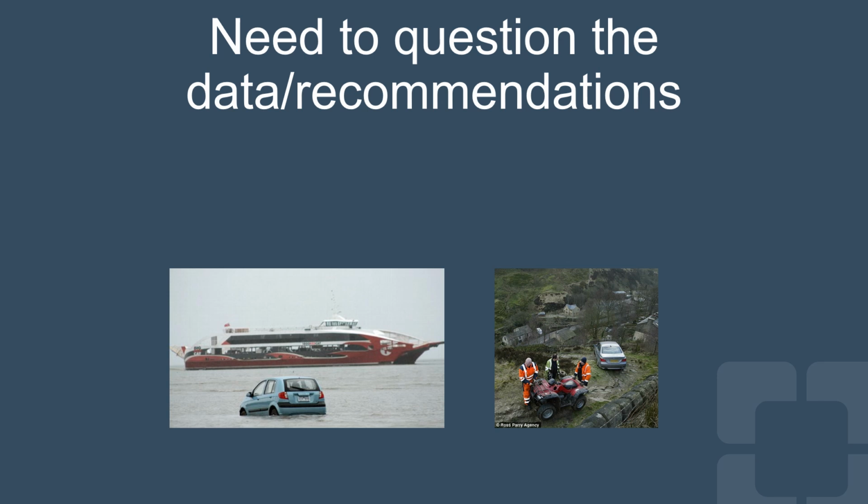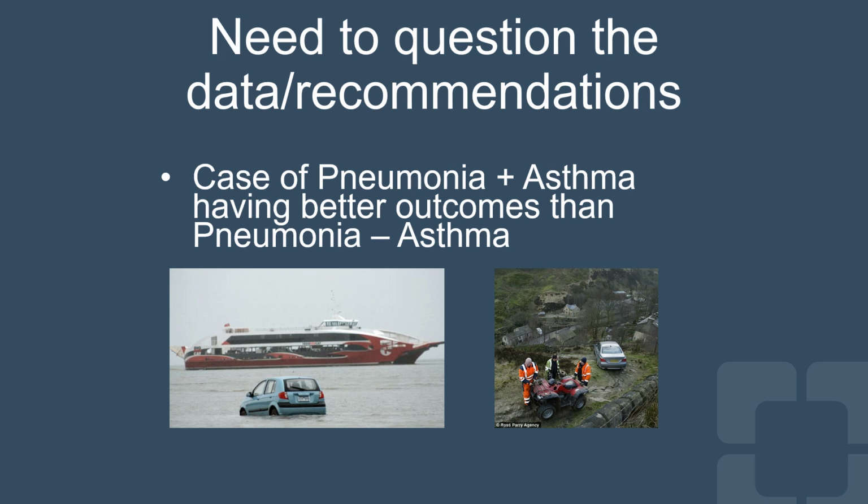For example, there was a study which showed that in a hospital, when patients had pneumonia in the setting of asthma, they had better outcomes than patients who did not have asthma when they got pneumonia. On diving deeper, it was found that in this particular hospital, there was a protocol that if you had asthma and got pneumonia, you were automatically admitted to the intensive care unit.